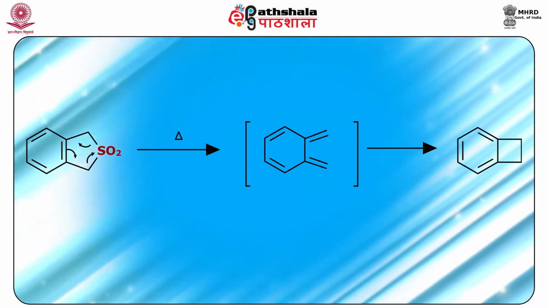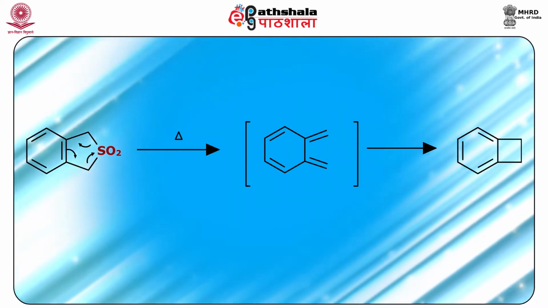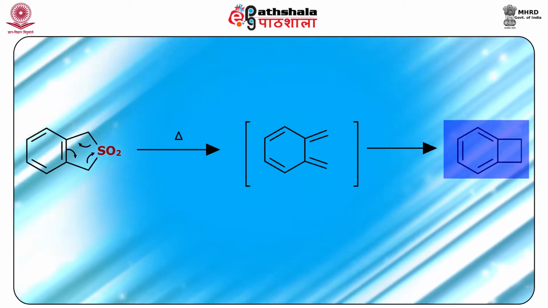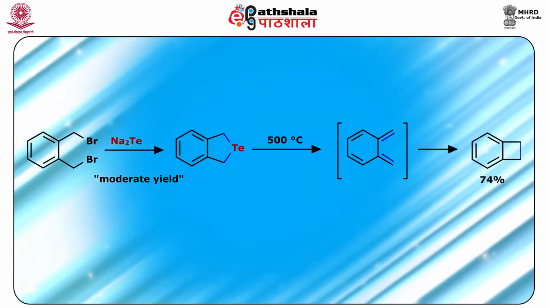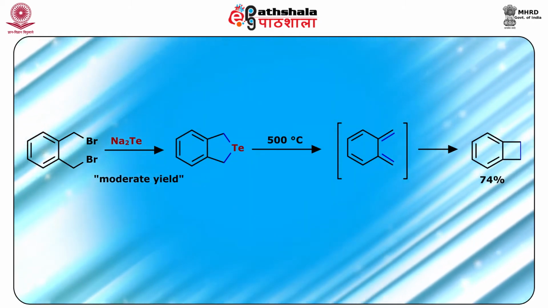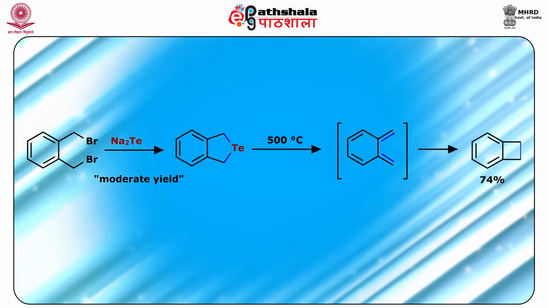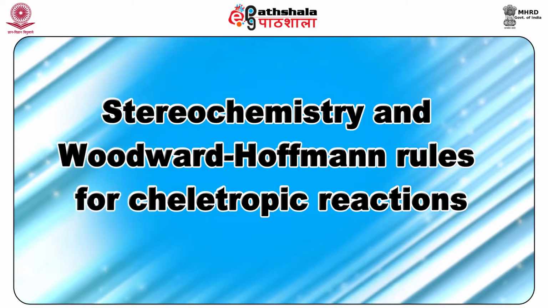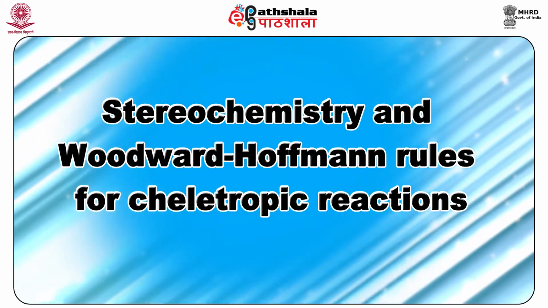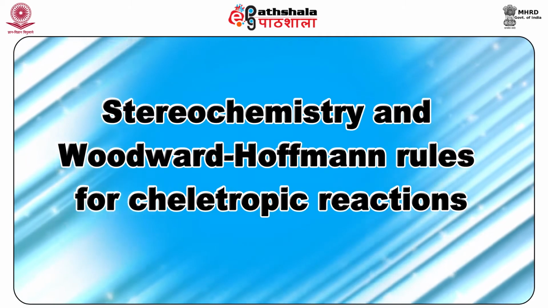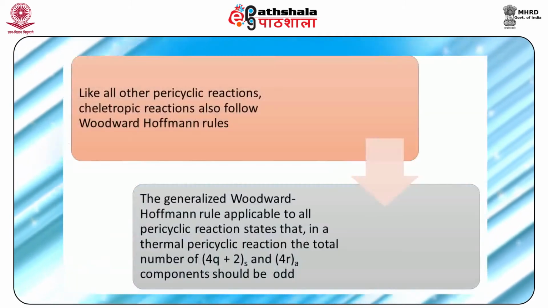First is the thermal extrusion of SO2 leading to the formation of benzocyclobutene. The second example is that of tellurium extrusion leading to synthesis of benzocyclobutene. Next, let us have a look at stereochemistry and Woodward-Hoffmann rules for cheletropic reactions.